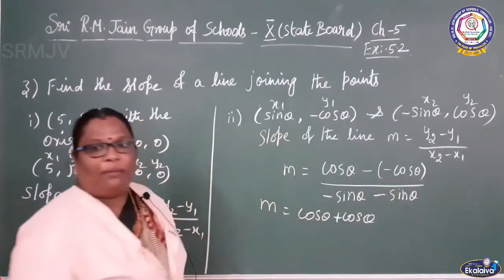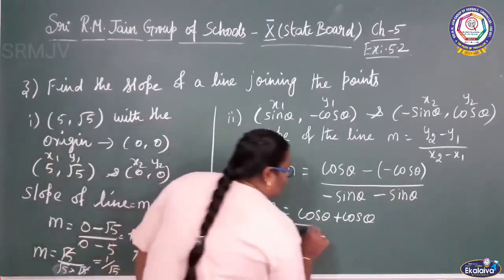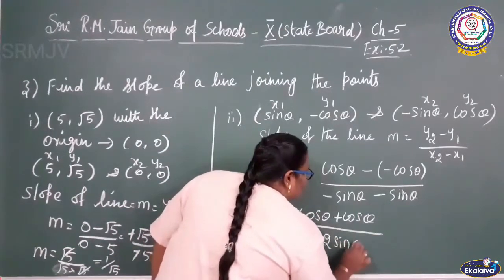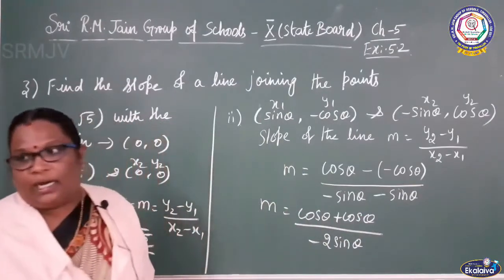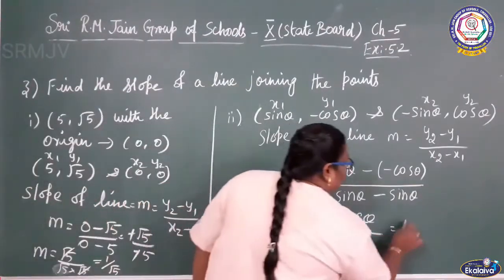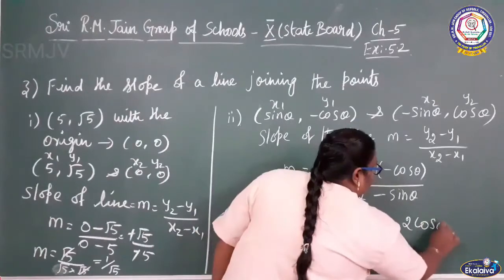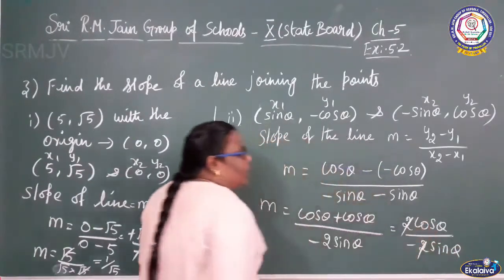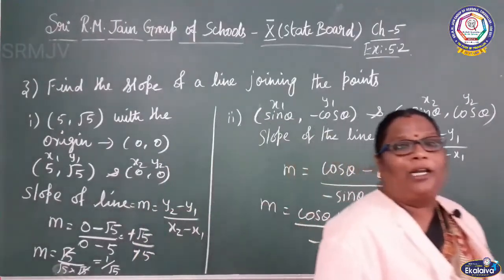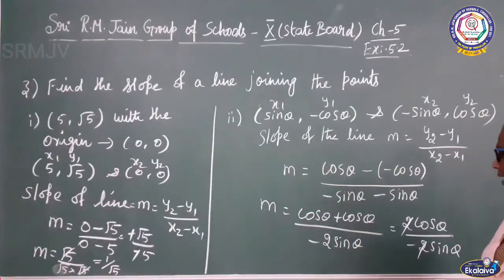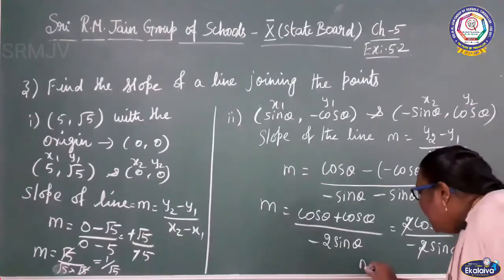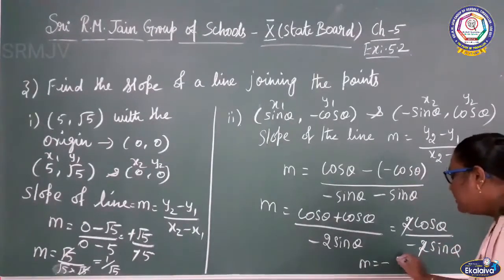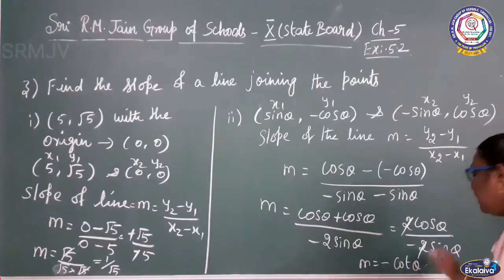Minus into minus becomes plus cos theta, by minus sin theta minus sin theta, which is minus 2 sin theta. So cos theta plus cos theta is 2 cos theta by minus 2 sin theta. The 2 gets cancelled. What is the trigonometric value of cos theta by sin theta? As it's clear, m equals minus cos theta by sin theta, which is minus cot theta.